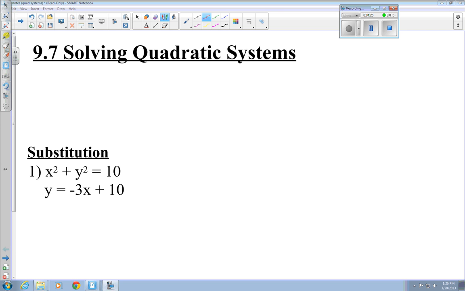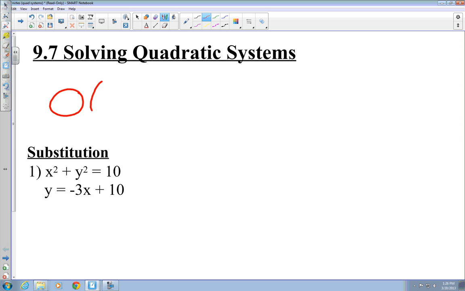If I had a circle and a hyperbola on the same graph, and they look something like that, and I solve the system with those two, what would be the solution? No solution, because they don't intersect. So if the two graphs never intersect, that would be no solution.